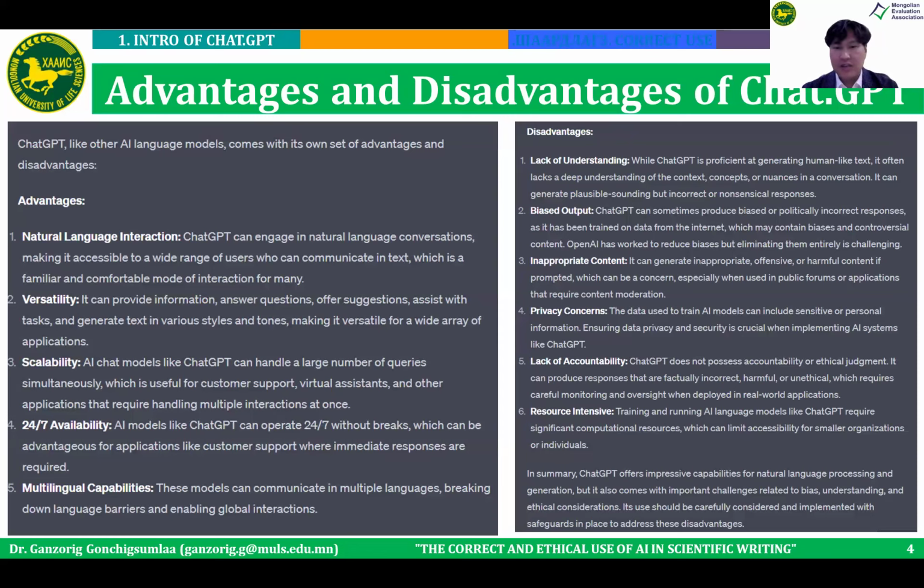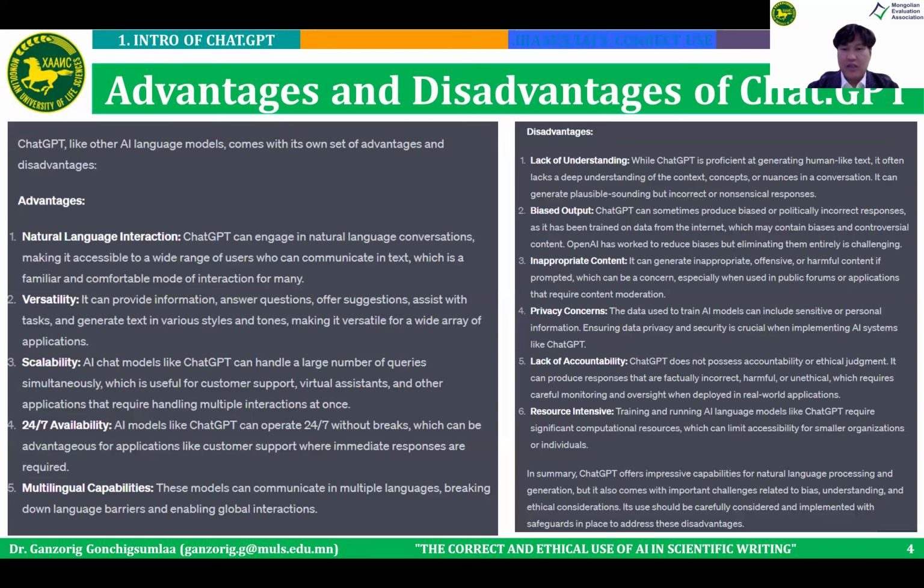And then there's a lack of accountability, so that ChatGPT or AI-based, language-based chat systems don't have a system of ethical concerns or accountability, so sometimes responses are not accountable or not ethical. But it's very smart sometimes, saying like, I cannot provide this information because of these ethical issues and stuff like that. And also it's resource intensive.